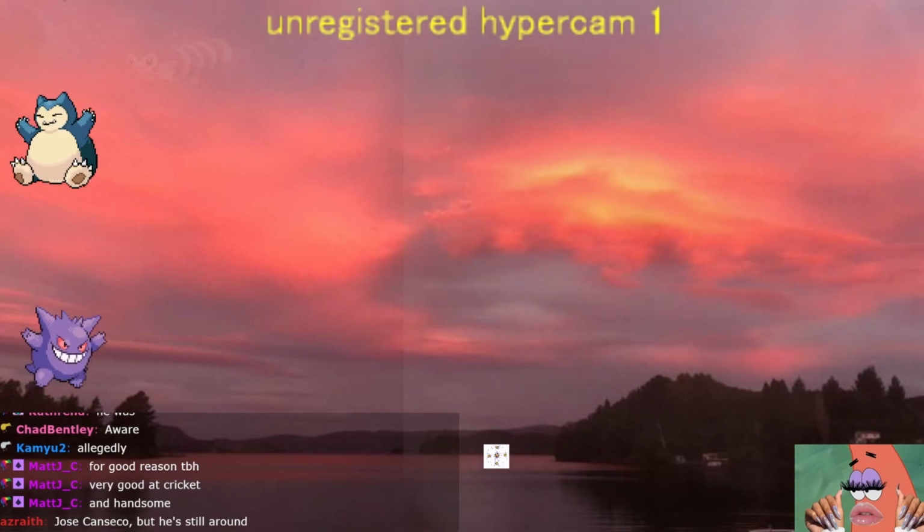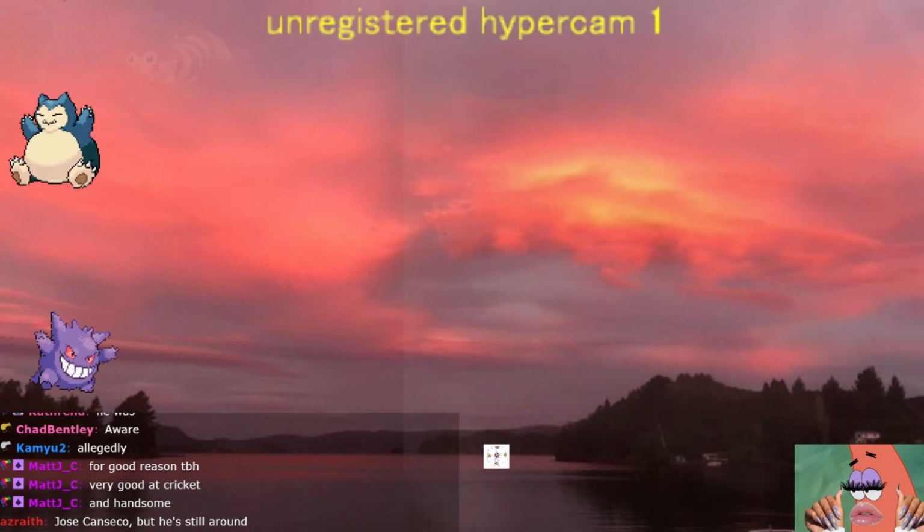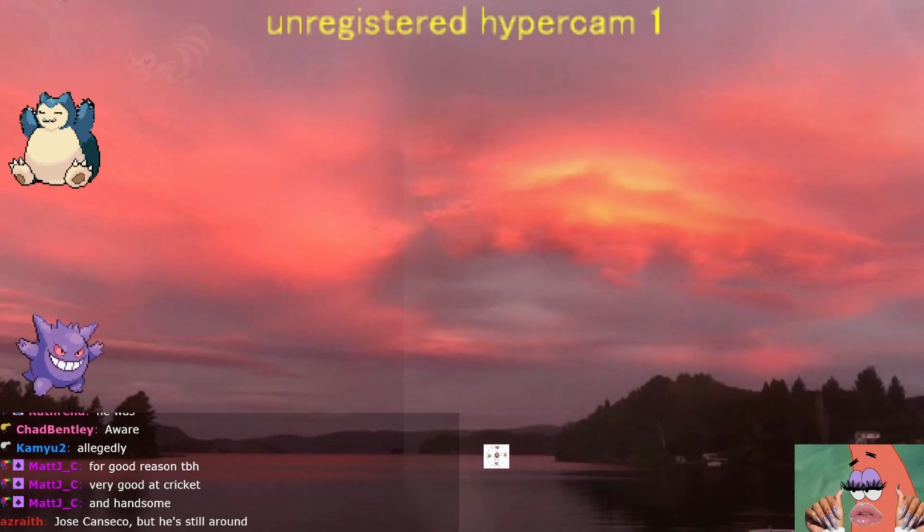But yeah, pretty unbelievable bowler. Basically, there was a period in the 2000s where it was essentially Shane Warne versus Muttiah Muralitharan, who were both spinners, but both spinners of a different style.